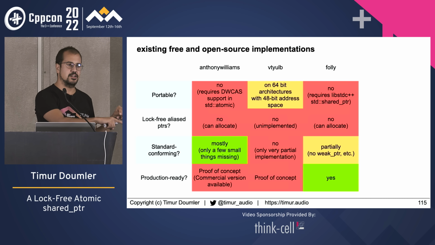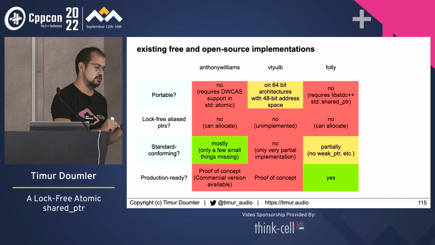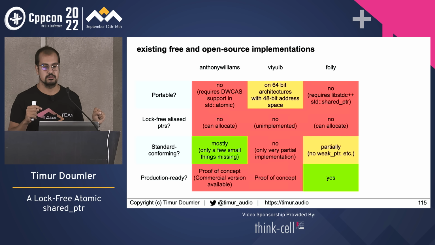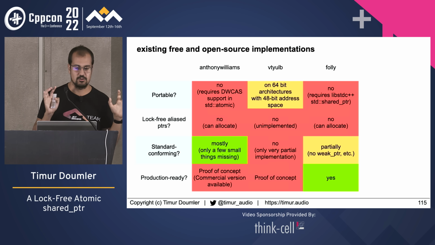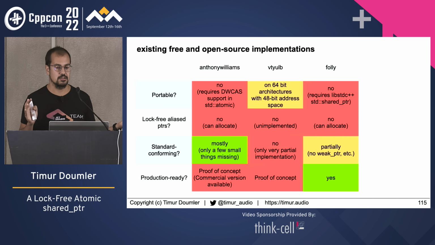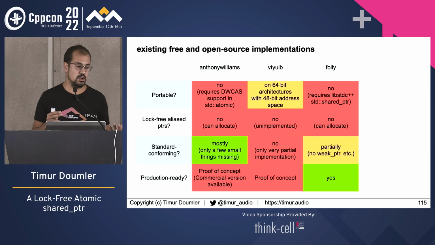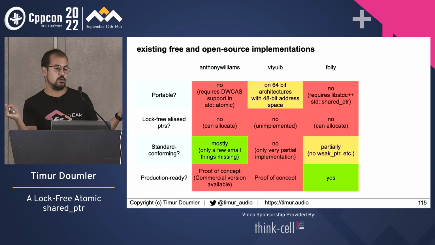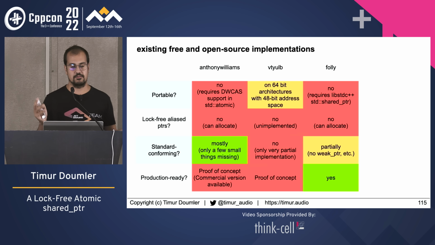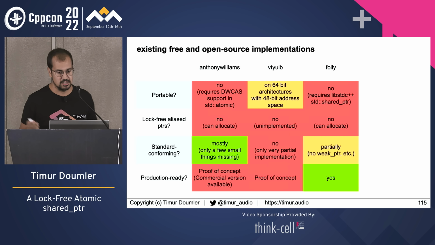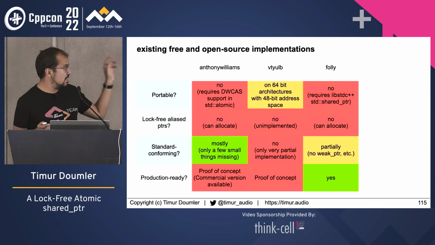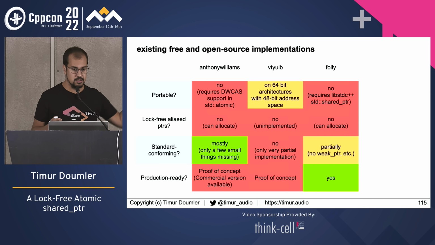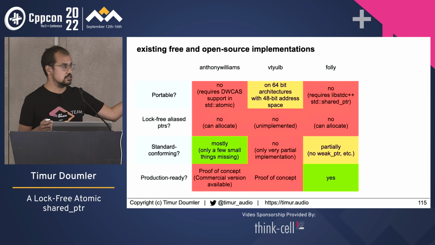Has anybody seen this trick? And they do that with std shared pointer to get to the ref count, which is horrible. And they have only done it for GCC. So they say, well, we accept pull requests for the other two standard libraries if anybody wants to do this, but yeah, anyway, it's not portable. None of them support lock-free alias. None of them are actually lock-free in the alias shared pointer case.